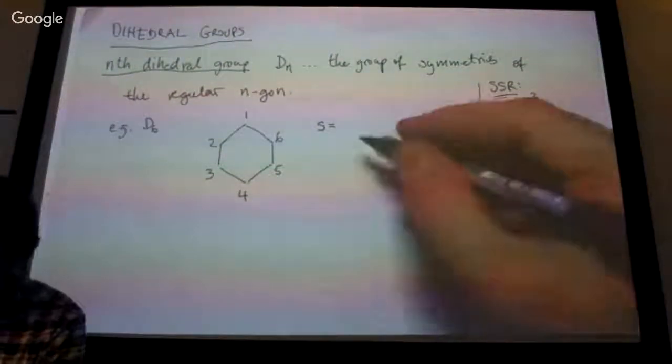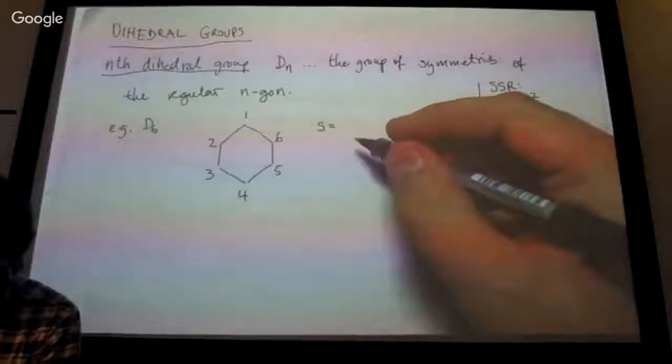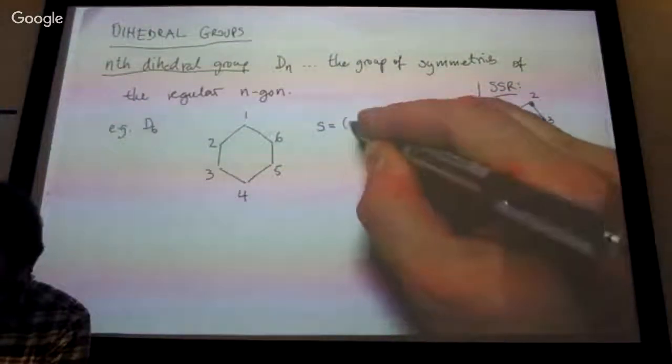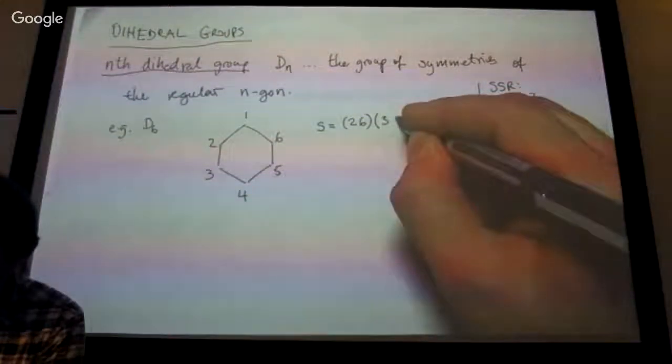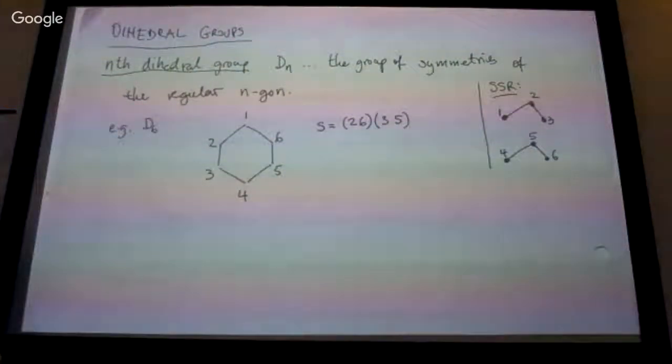And so 1 goes to 1, 4 goes to 4, but 2 goes to 6, and 6 goes to 2, and 3 goes to 5, and 5 goes to 3. So this is the cycle notation for this permutation.